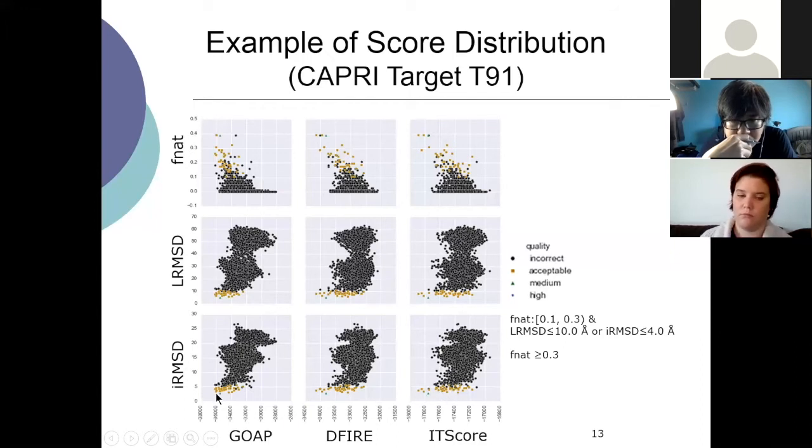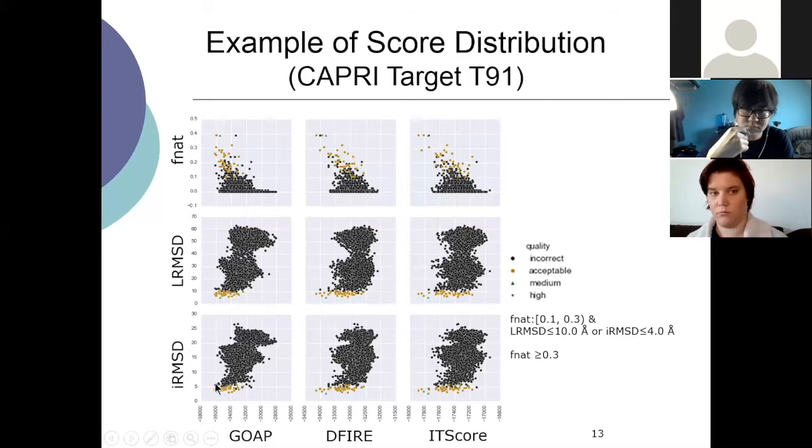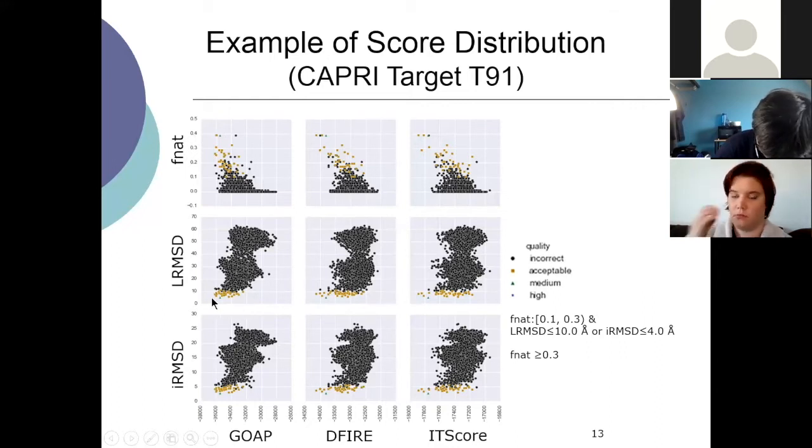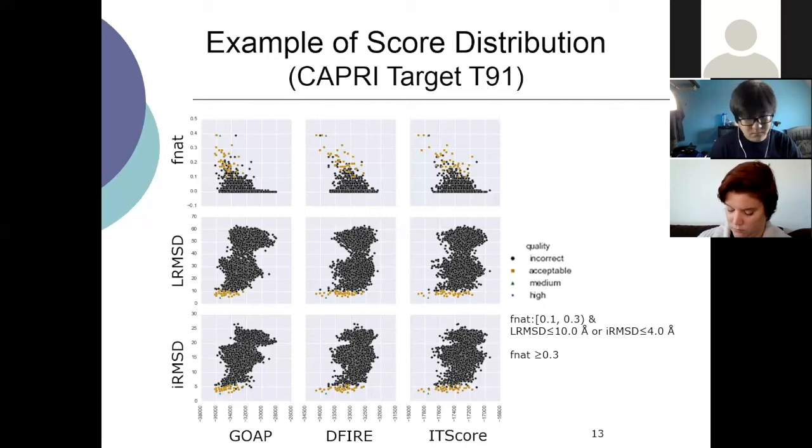GOAP is also performing very well, but if you pick the top 10, the majority are acceptable, though some of these gray dots are included. So that's how GOAP, DFIRE and ITScore performed on this particular protein complex. LRMSD tells the same story. LRMSD is ligand RMSD, so you fix the receptor structure and only measure how the ligand protein docks to the receptor protein.